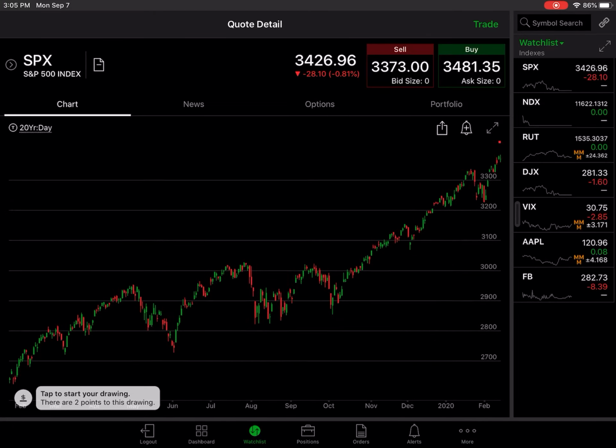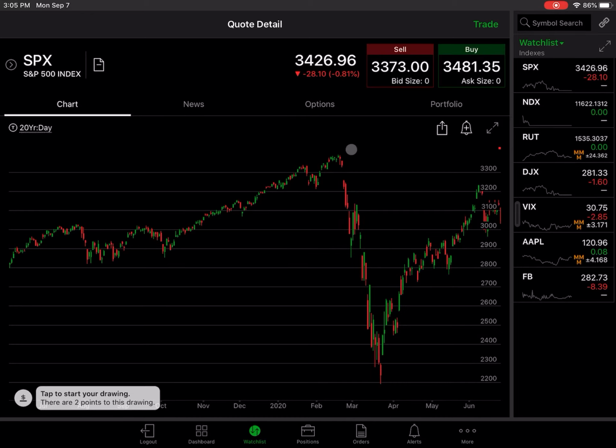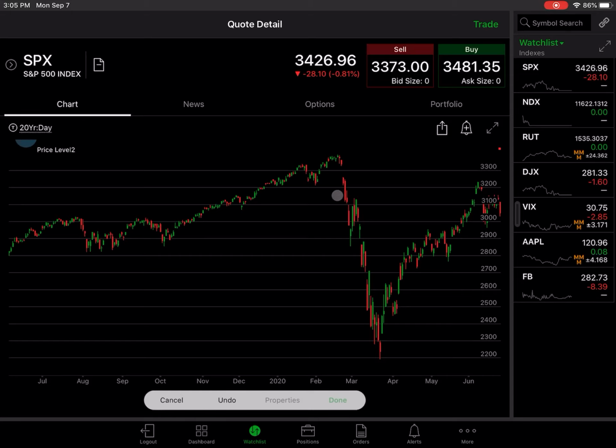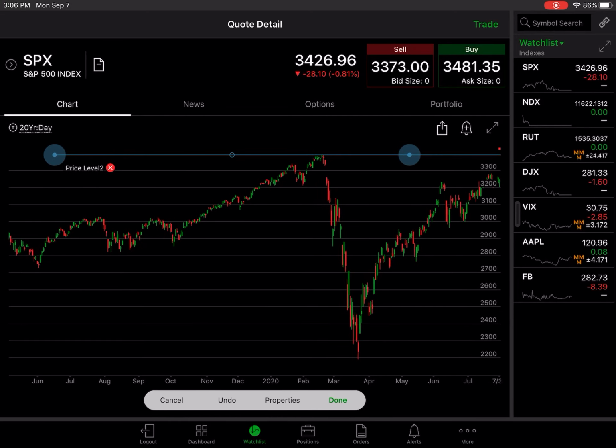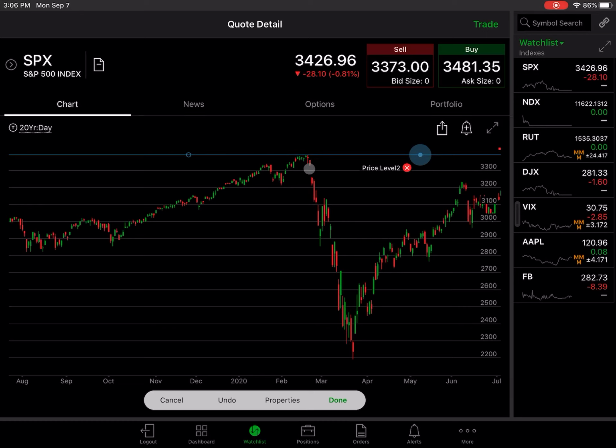But if we go back up, it's saying this is over 330 here. So it's pretty obvious this was the last all-time high. That price level is pretty high up. I might have just messed myself up. Okay, so I had to zoom out, but I'm going to zoom back in. The last all-time high was right here.